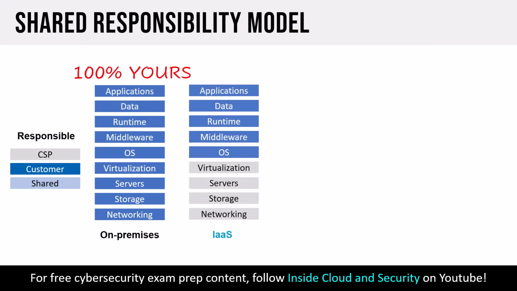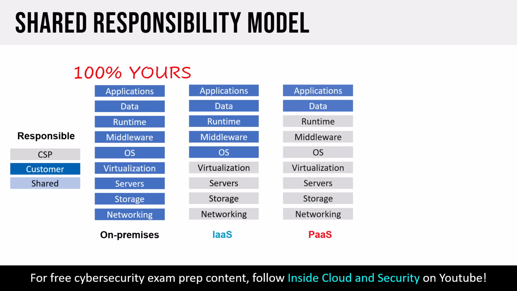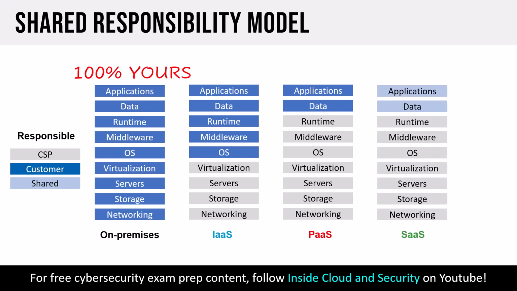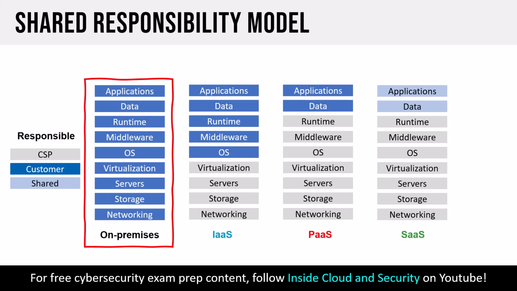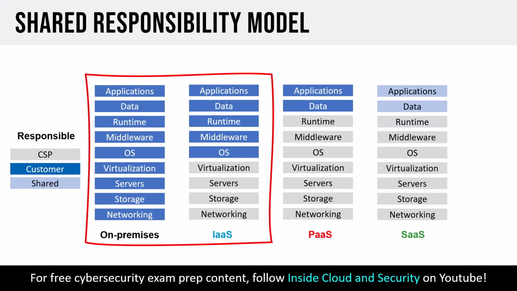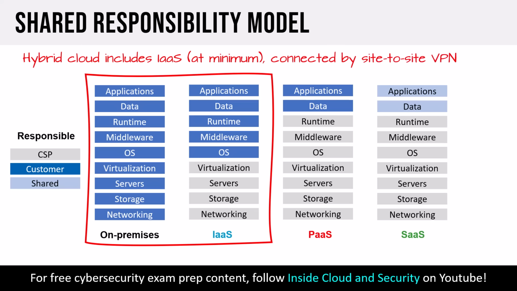And as we look at our cloud models across infrastructure as a service, platform as a service, and software as a service, we see that the cloud service provider, or CSP, assumes increasing levels of responsibility. If we overlay models here, private cloud happens here, on-premises. And hybrid cloud would then extend from on-premises into the cloud, using infrastructure as a service at minimum, generally with some sort of site-to-site VPN connectivity that connects our on-premises data center to the cloud.